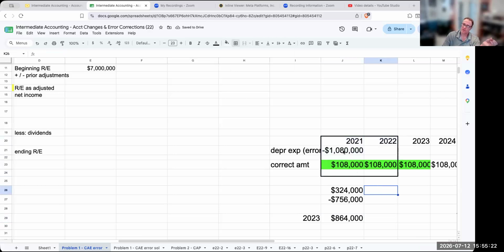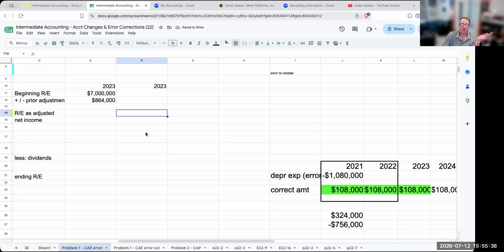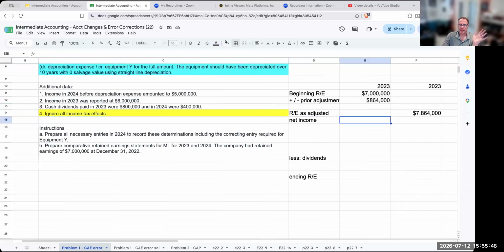We made the mistake initially of writing it all off, and we should have just had 2 years of depreciation. So effectively, our retained earnings is off by 864,000. So my retained earnings as restated is going to be 7,864,000.